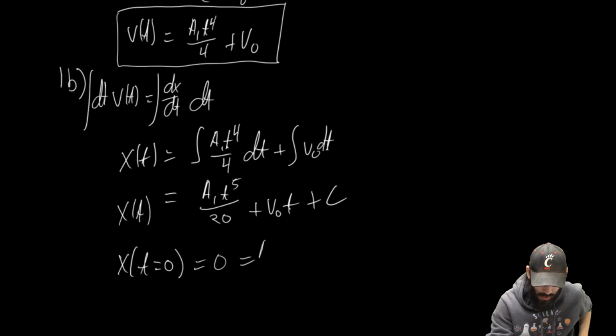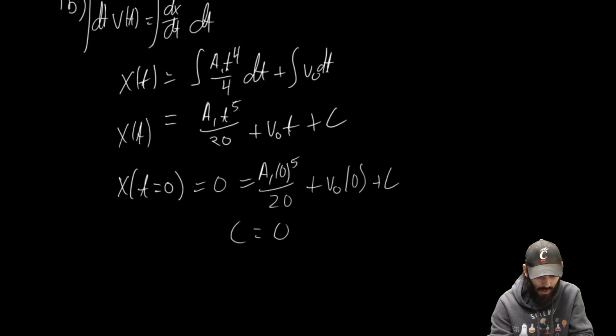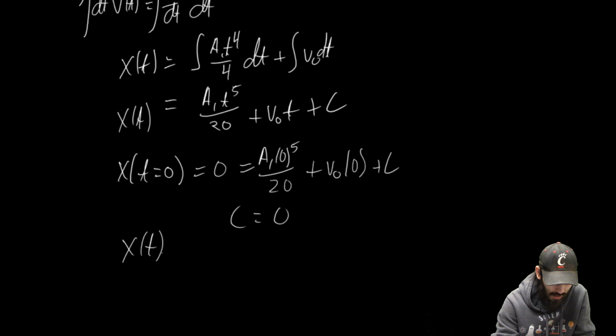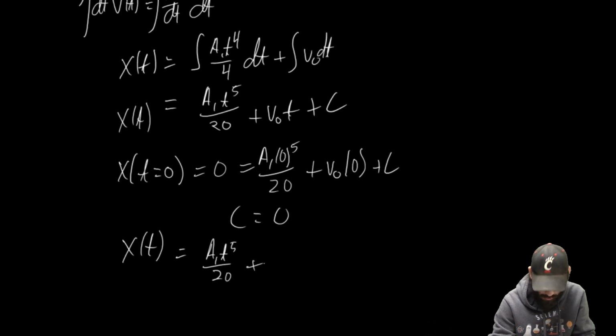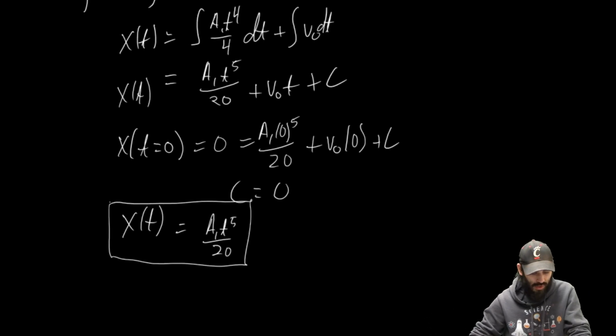So this is a1 times 0 to the fifth divided by 20 plus v0 times 0 plus c. So this c is equal to 0. And so our position as a function of time, x of t, is just a1 t to the fifth divided by 20. Okay, so that's our position as a function of time.